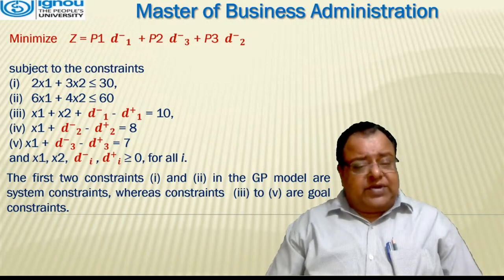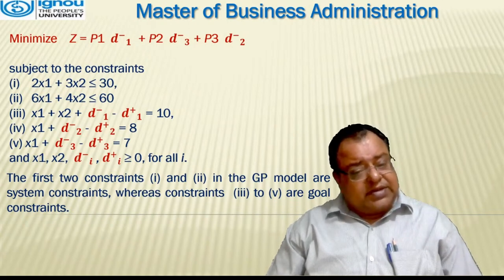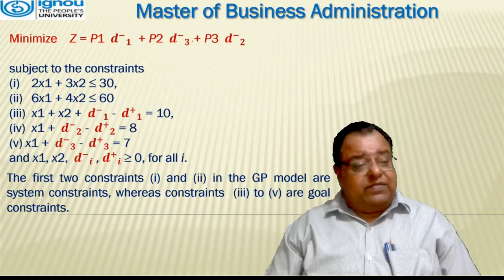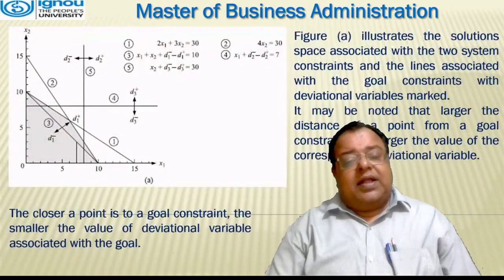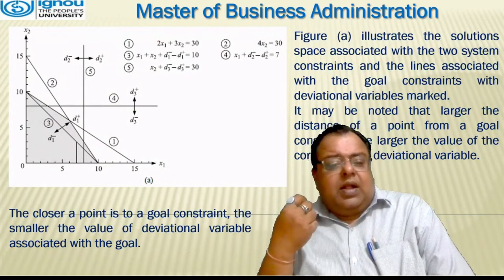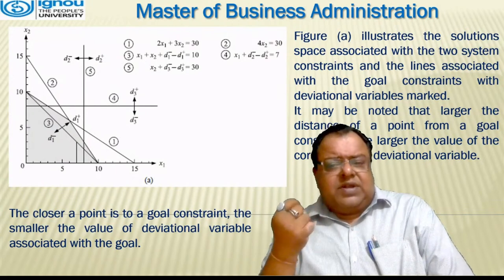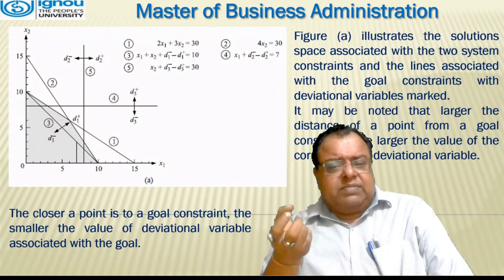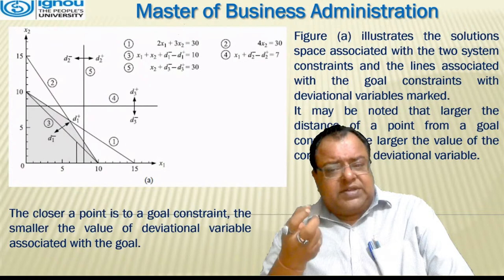The first two constraints in the GP model are system constraints, whereas constraints 3 to 5 are goal constraints. When we plot this, in the figure we see the solution space associated with the two system constraints and the lines associated with goal constraints, with deviational variables marked.